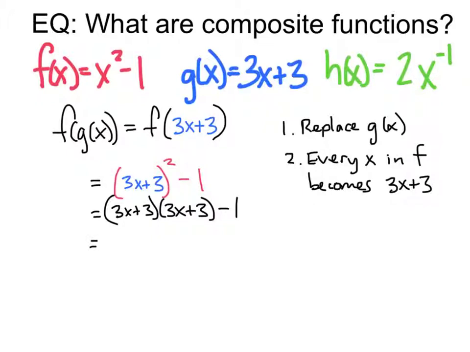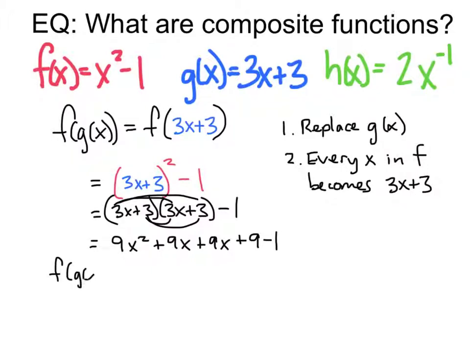We FOIL that out because it's a binomial here. So 3x times 3x is 9x squared plus 9x, another 9x, plus 9 minus 1. We have f of g of x is equal to 9x squared plus 18x plus 8.